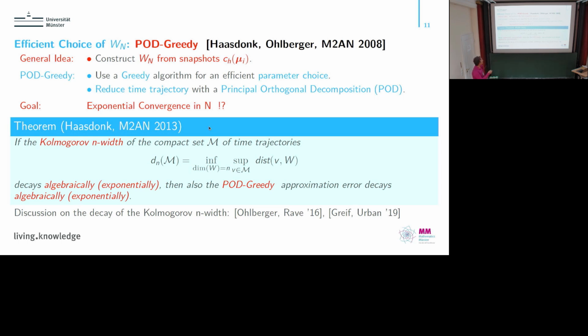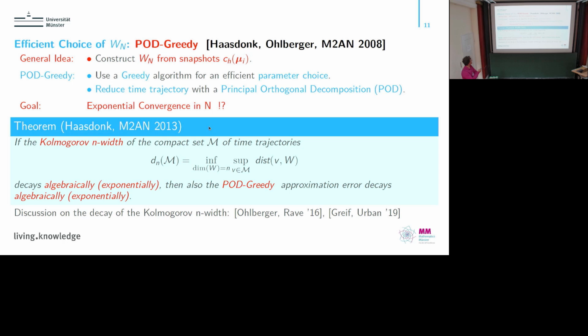So if you combine this, this is the POD greedy, and then you can actually show that you have this best approximation property in the Kolmogorov sense. So I define here the Kolmogorov width. So this is the best error with the best n-dimensional approximation space with respect to a given compact set, and this compact set in our case is this solution manifold.